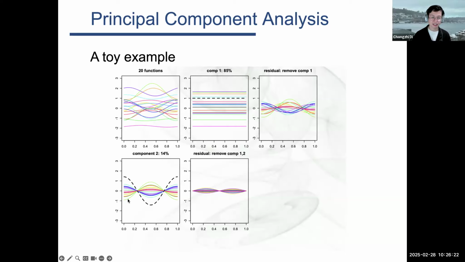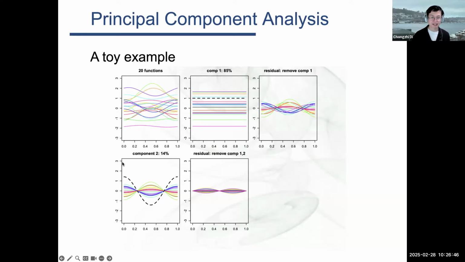This green curve is going the opposite direction, which means it's loaded negatively on this direction. The PC scores will be positive for some and negative for others, but the direction is really the same. By direction, I mean how different curves vary from each other. It always has this type of pattern.